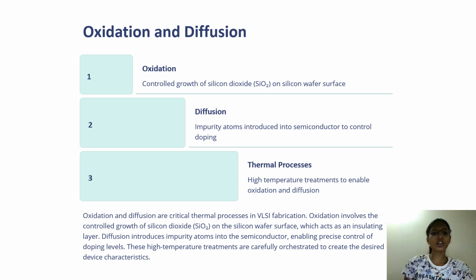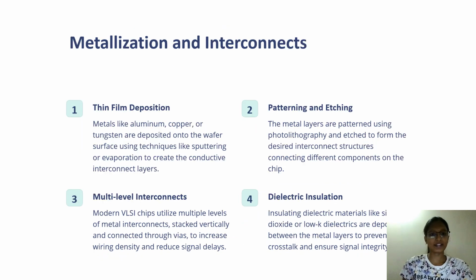Oxidation involves the controlled growth of silicon dioxide on the silicon wafer, which acts as an insulating layer. Diffusion introduces impurity atoms into a semiconductor, enabling precise control of doping levels. These high temperature treatments are carefully controlled to achieve desired device characteristics.